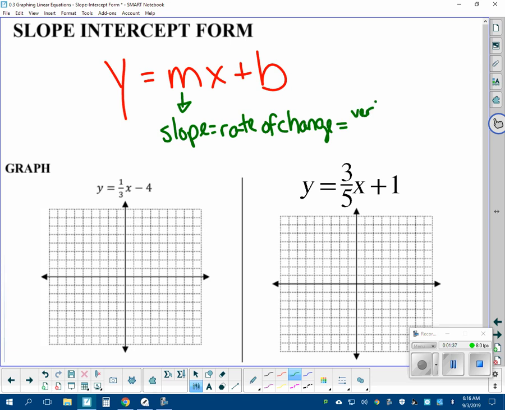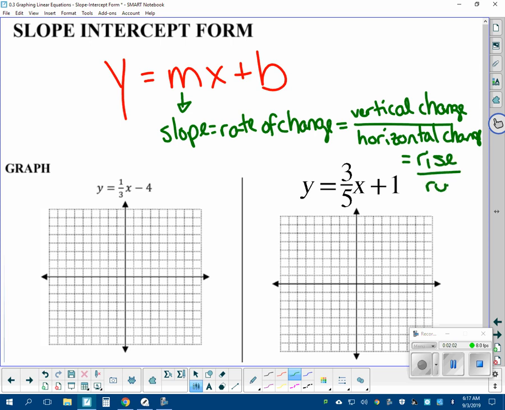The vertical change over the horizontal change. And we know vertical, when we're talking about a coordinate plane like these, the vertical change is your y value, your horizontal change is your x value. So you always have to count, here's the last one, rise over run. And that's a lot of times what I hear students say, rise over run, rise over run.